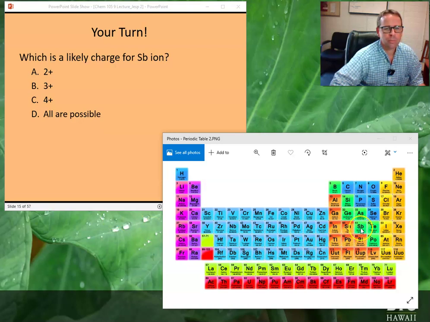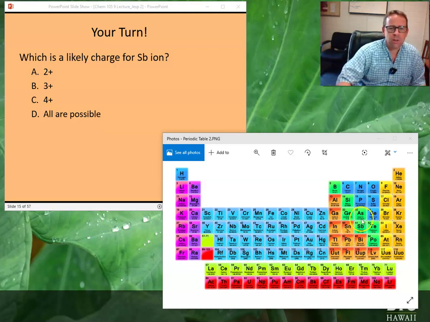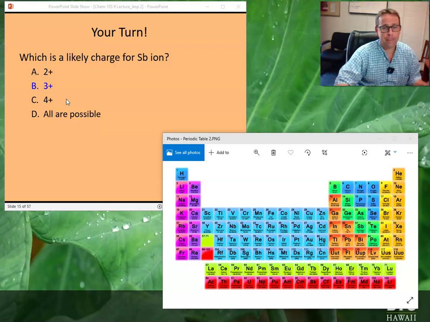Would it be +3? That's right, +3. Antimony would lose these 3 electrons first. Another possible charge, Alyssa, that's not here on the list, what might it be? A -3? Well, that's a very good point, but I'm not exactly sure if that occurs or not.